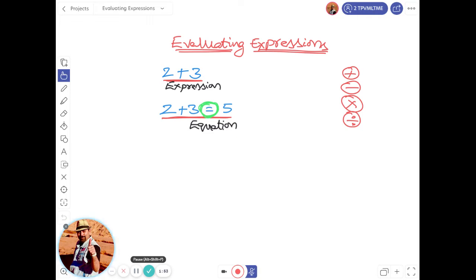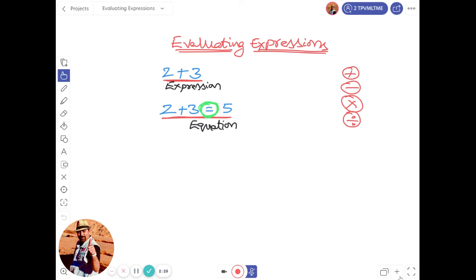That means the combination of some numbers or maybe variables, like adding, subtracting, multiplying, or dividing, is called an expression. Whereas if that is equated with something else, we call that an equation. So the first one is expression and the second one is equation.